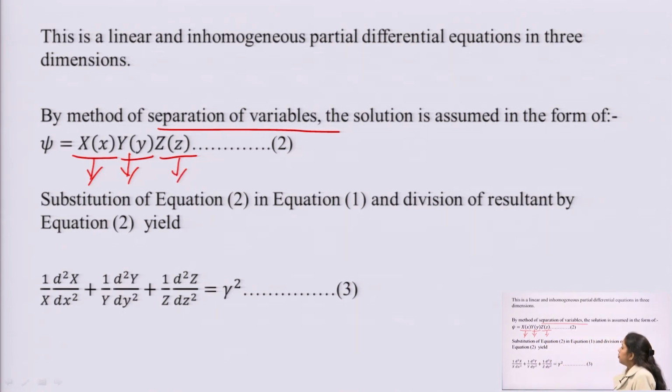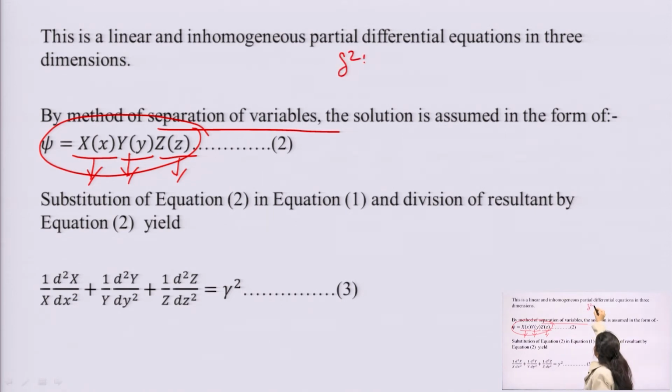Now what we are going to do is substitute this value in our equation 1. And what is our equation 1?